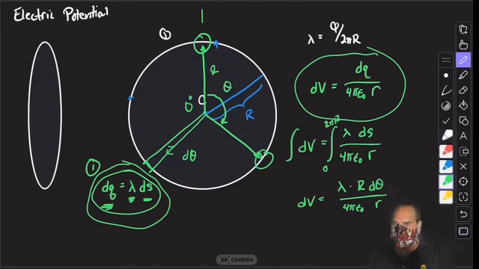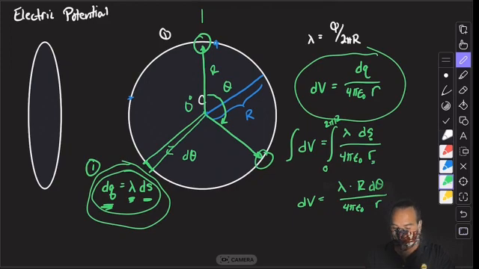The question I have to ask myself is, is there any relationship between the arc length and the radius that I have to be aware of when I'm doing my integral? Meaning, is any of the variables listed here related to ds? And the answer is kind of. The radius of our circle is related to the circumference of our circle, which means they're related to ds.